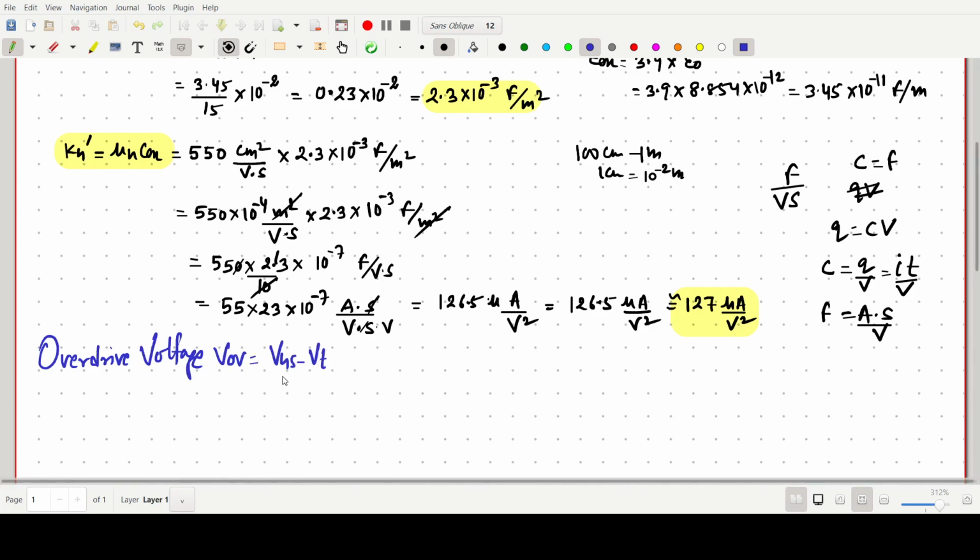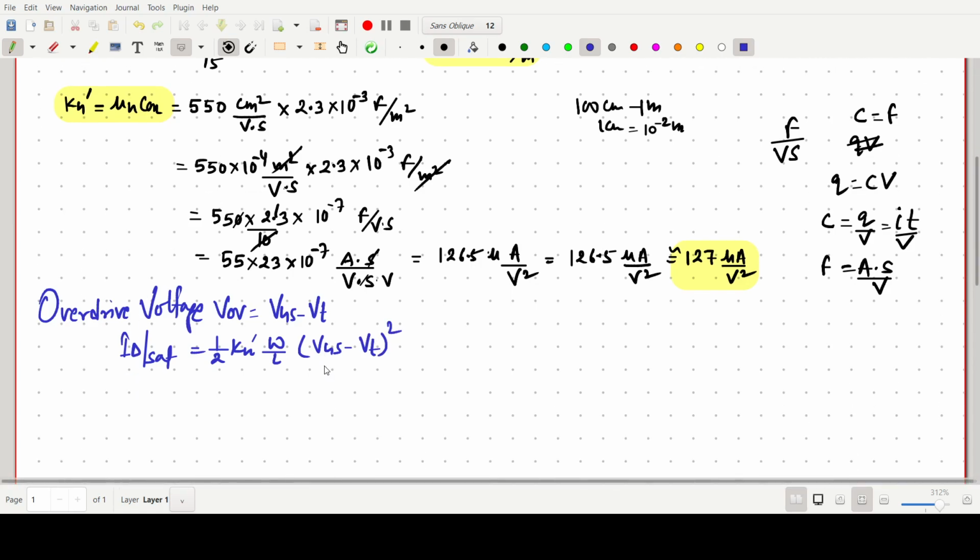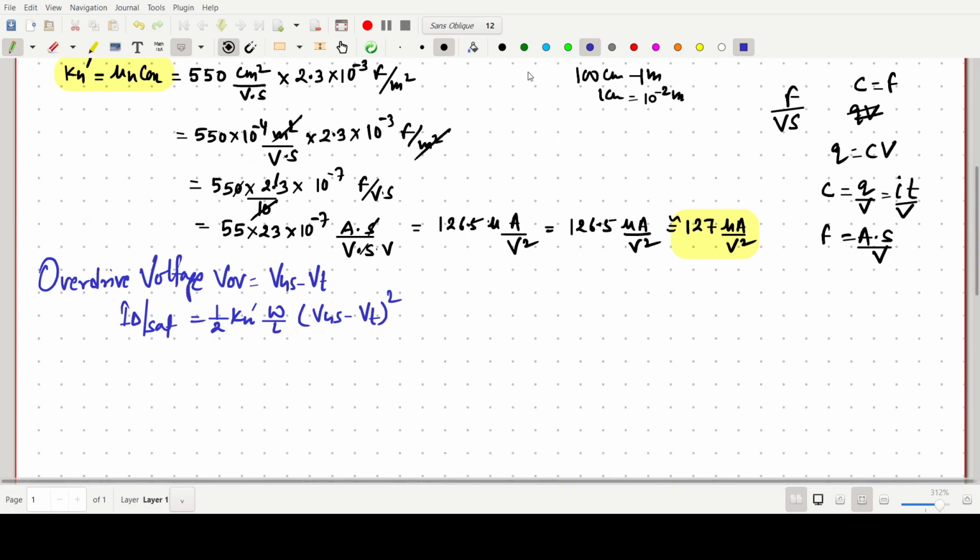And for this calculation it is given the transistor is in the saturation region, so ID in saturation. The formula we have to write is 1 by 2 K and S W by L VGS minus VT whole square. This one is the standard formula for the drain current in the saturation region.